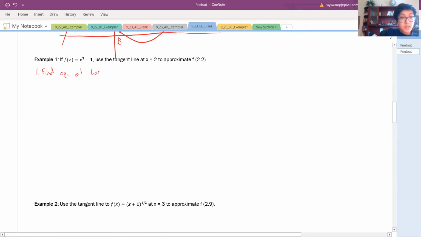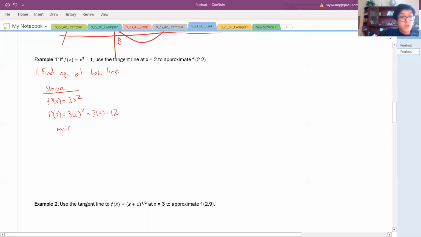First, Samantha took us through this whole process, but first we find the slope. So we have f of x is equal to x cubed minus 3, so f prime of x is equal to 3x squared. The tangent line at x equals 2, we just plug in 2. f prime of 2 is equal to 3 times 2 squared, that's equal to 3 times 4, which is equal to 12.